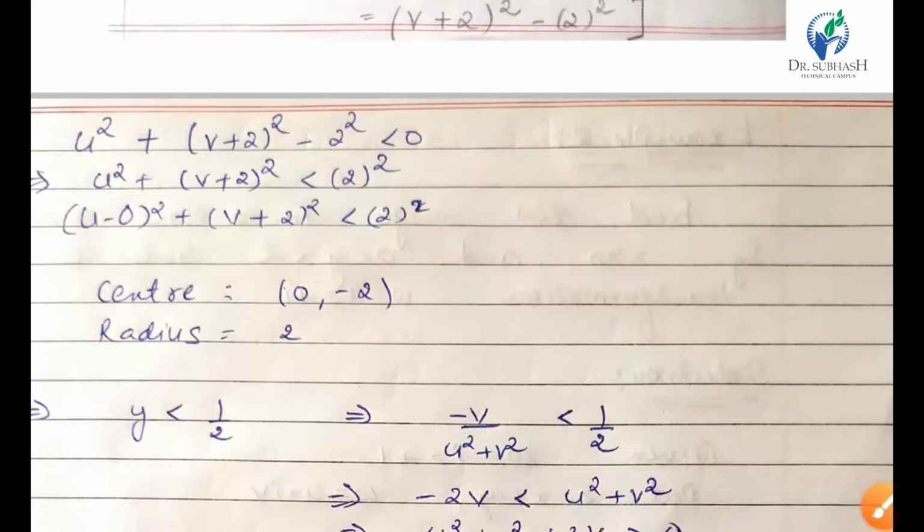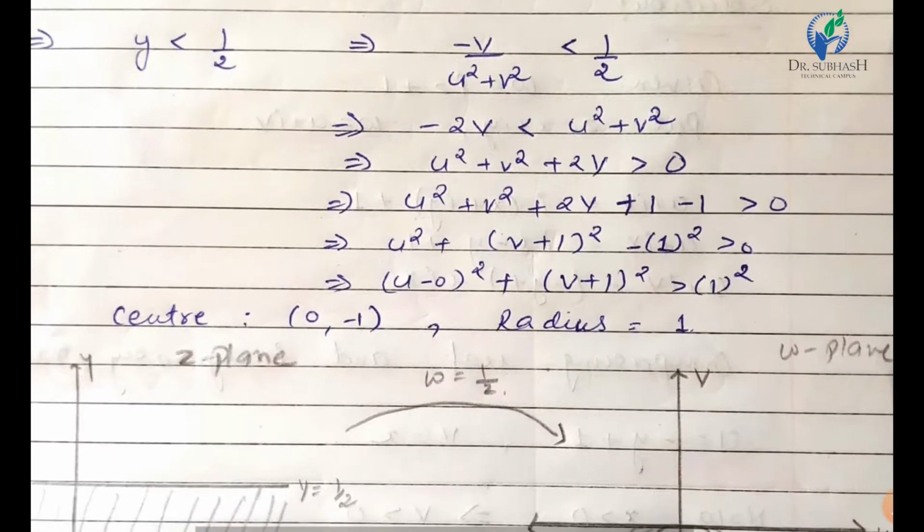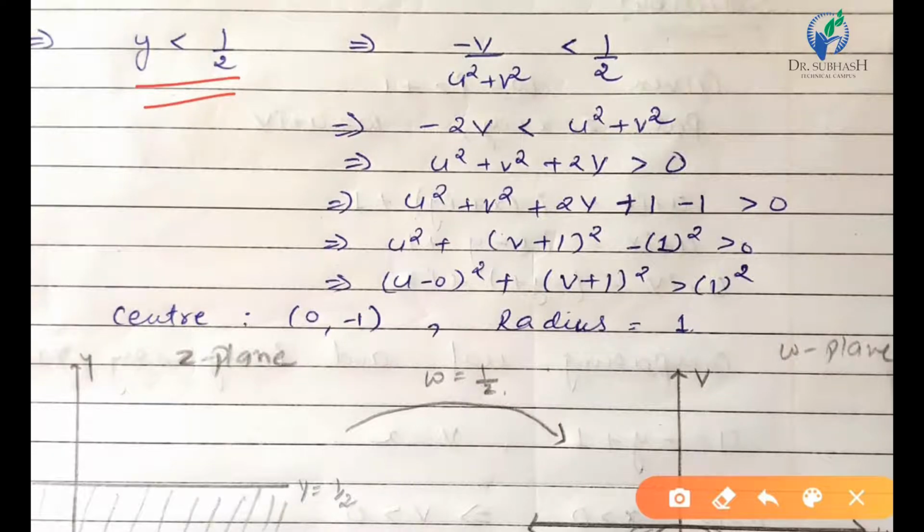Now we will take the second part of the given equation. The second part is y less than 1 by 2. Again, we substitute the value of y obtained above, minus v upon u square plus v square. Almost the procedure is the same. Again we do cross multiplication.